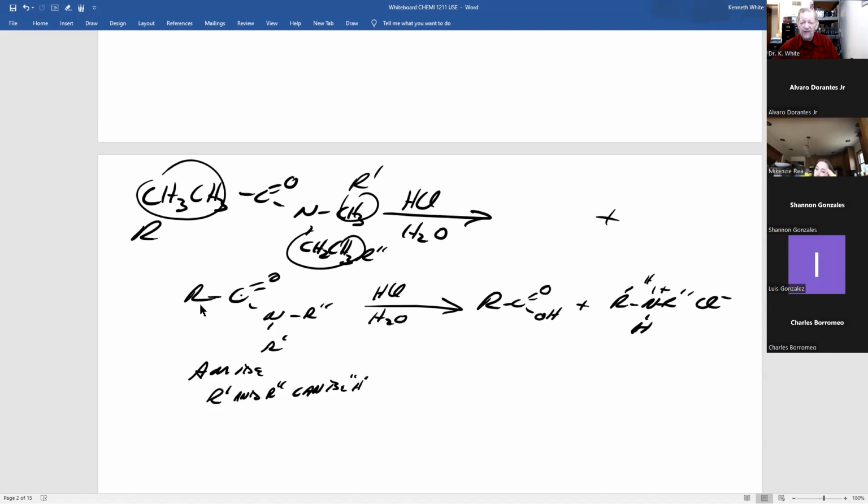In that case, I get this carboxylic acid plus, and it doesn't matter which side has the methyl, which side has the ethyl. I could have reversed it. And you get that amine salt.